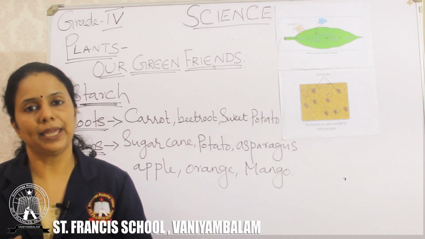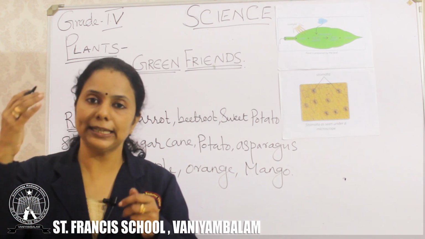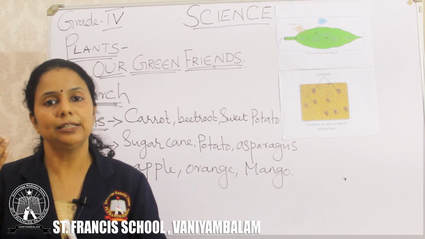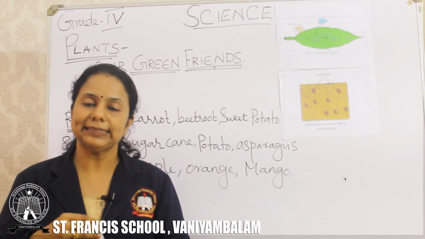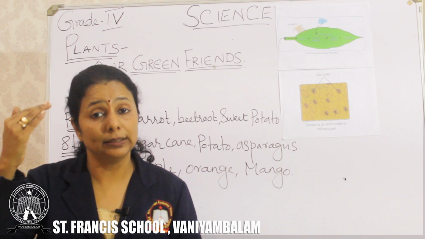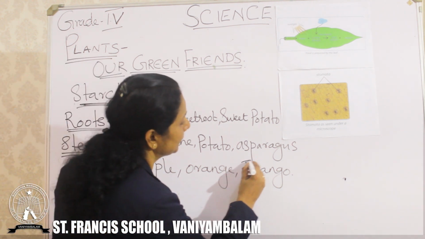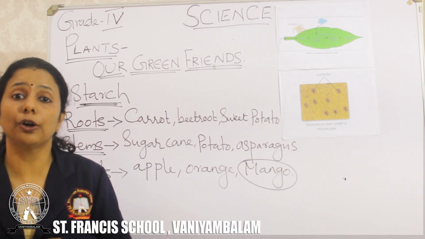Okay, plants make the food. For example, in a mango tree, the leaves prepare the food, right? Leaves are the kitchen of the plant. So, for example, in a mango tree, the leaves prepare the food, and that food is stored inside the mango. That is the fruit of the plant.